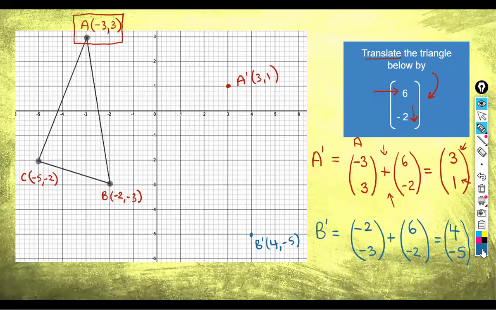And I said we could do C by the counting method, if you wish. So if the translation is positive 6, minus 2, then we move it 6 spaces to the right and then move it down by 2. 1, 2, 3, 4, 5, 6.